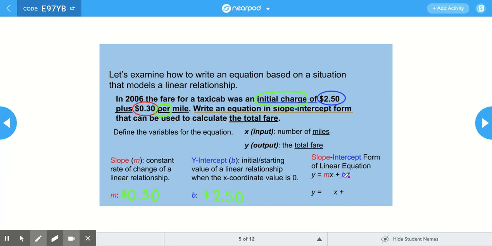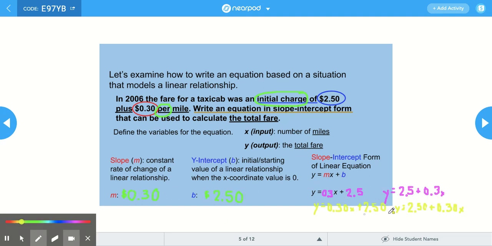So instead of y is equal to mx plus b, we have y is equal to 0.3x plus 2.5. Or you could switch it around and have y is equal to 2.5 plus 0.3x, or you could have left the zeros at the end. All of these equations are equivalent. Of course, if this were a multiple choice question, you would have to identify the correct equation given one of these as the answer choices.